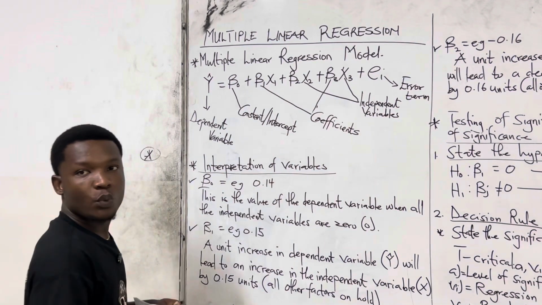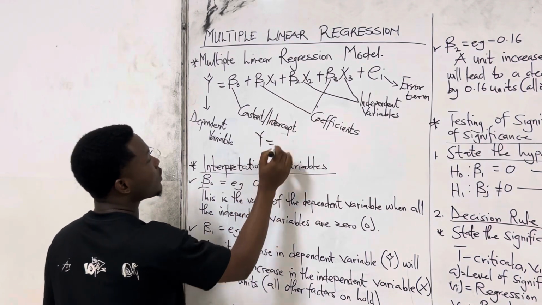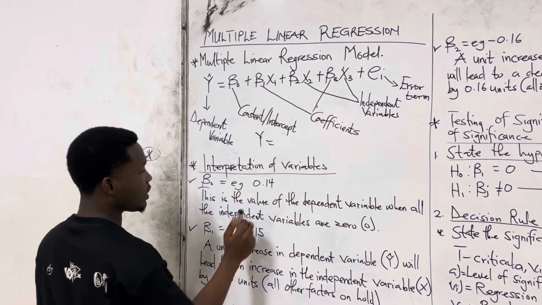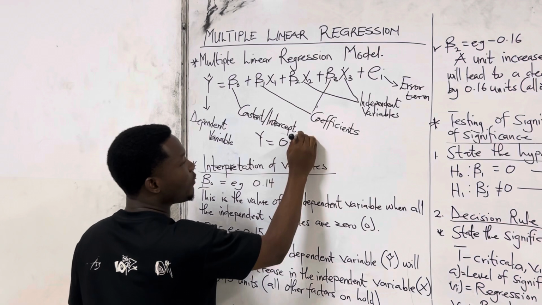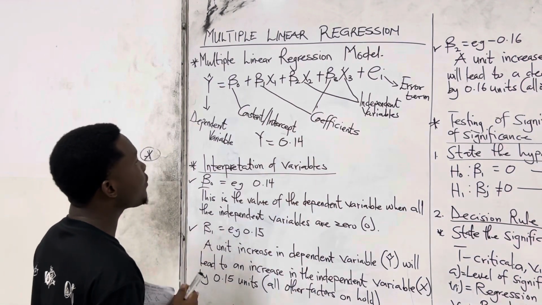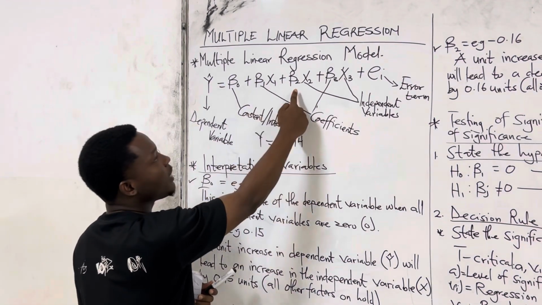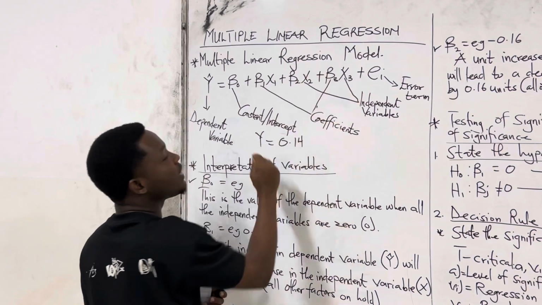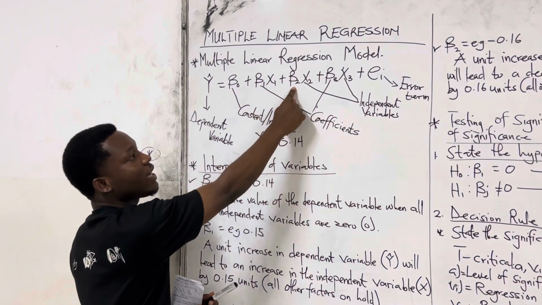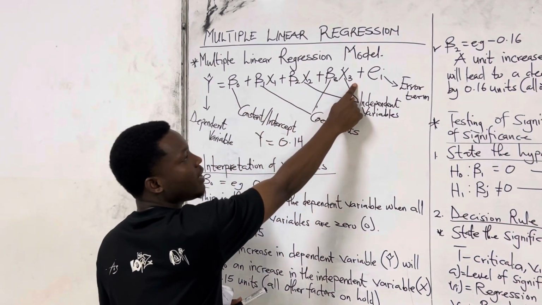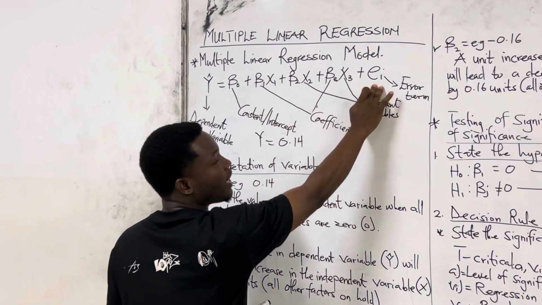So if we have the b naught to be 0.14, and we have beta 1, beta 2, beta 3 to be 0, it means 0 times the x1, 0 times the x2, 0 times the x3, and then we have the error.